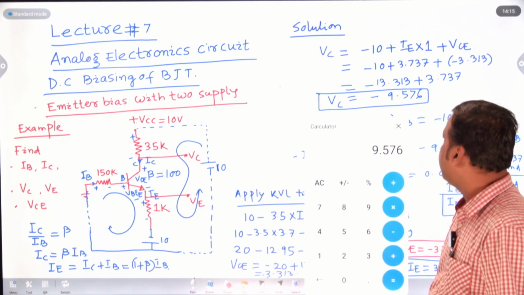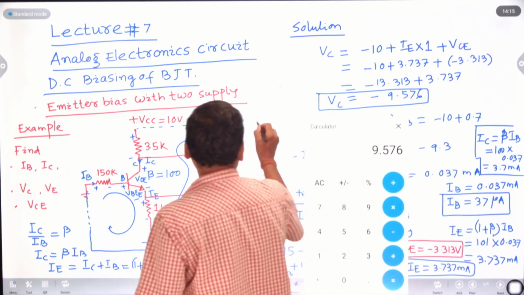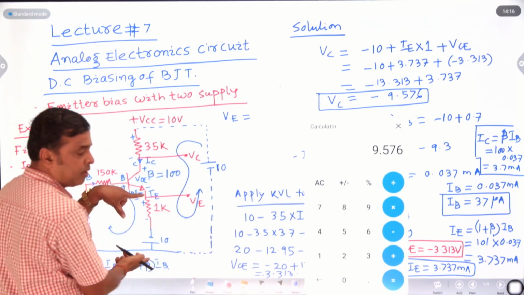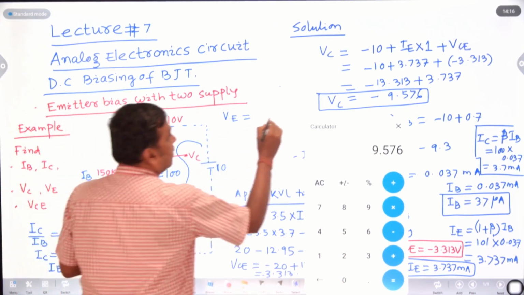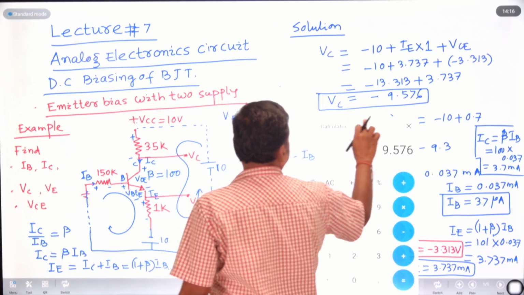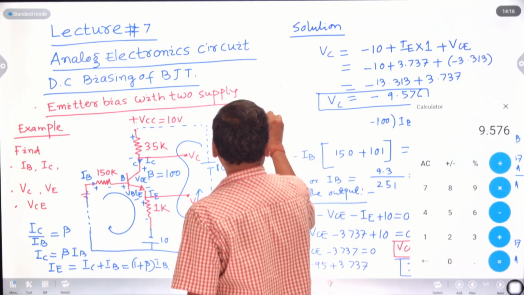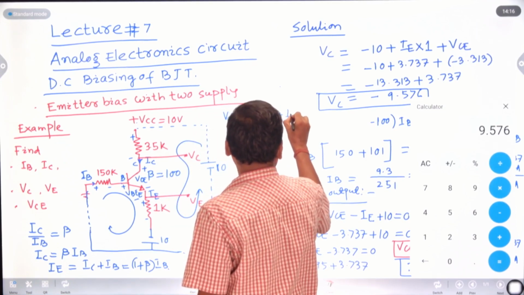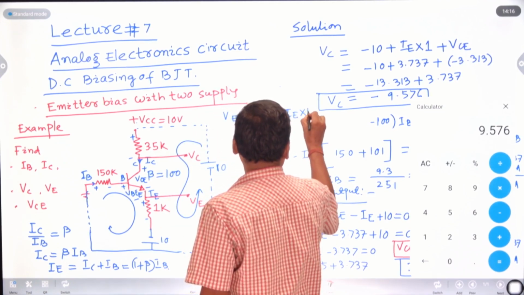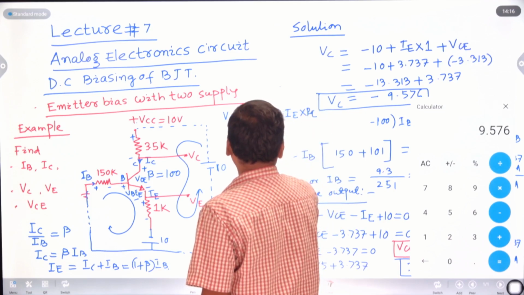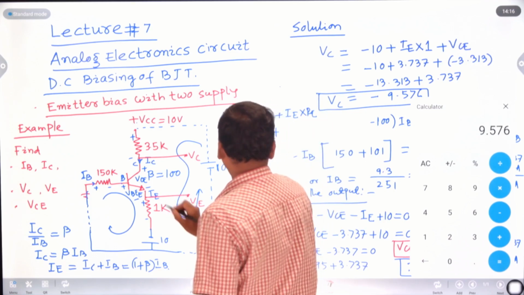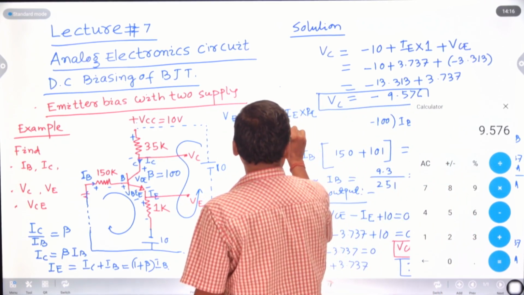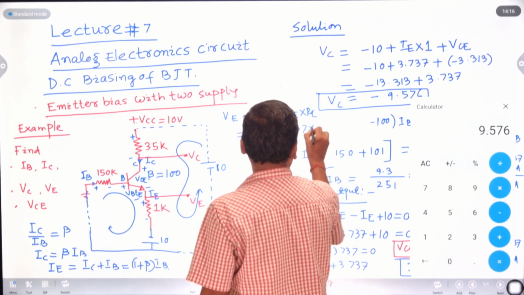Then how to calculate VE? This is your VC. Then VE, the emitter voltage. How to calculate VE? VE is this one, plus to minus, minus 10, plus this drop, IE into RE. That is minus 10 plus IE, which is 3.737, into RE, which is 1.